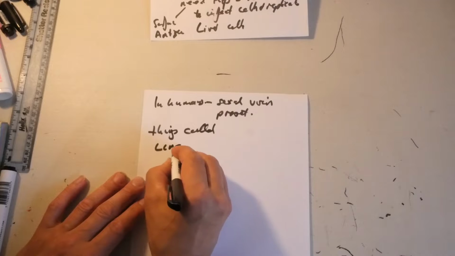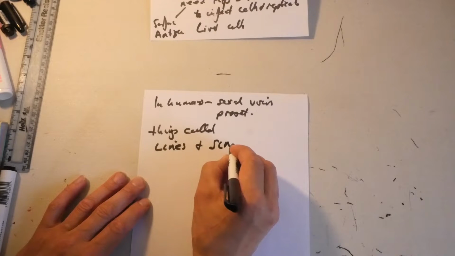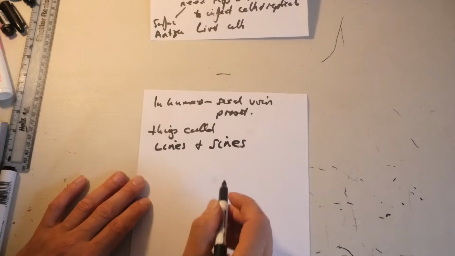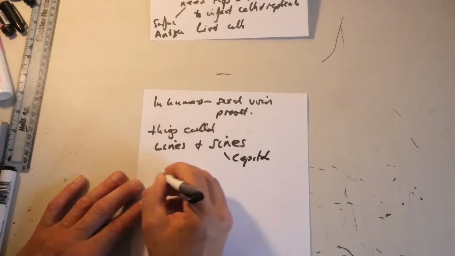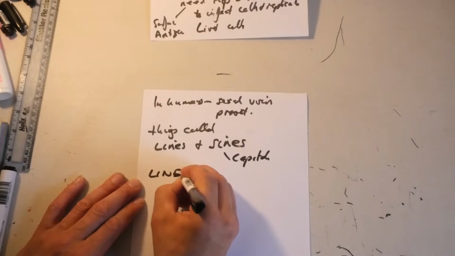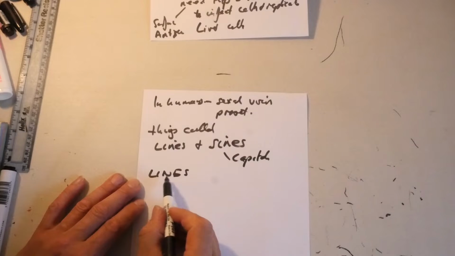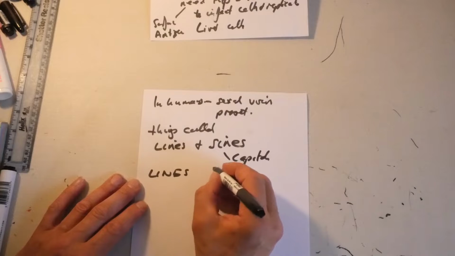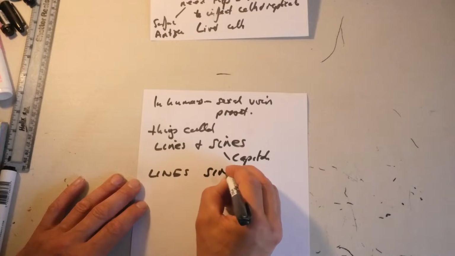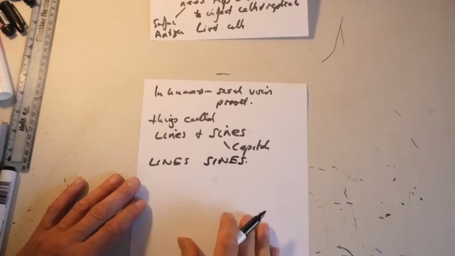LINEs and SINEs. Okay, it should all be in capitals actually. That's long interspersed sequences and short interspersed sequences, I think they're called. Okay?